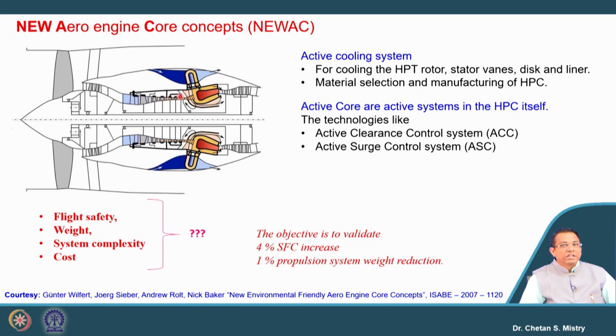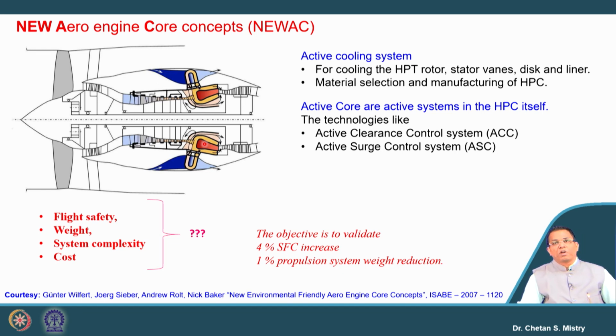And here in this case, there is a special requirement of active cooling system. At the same time, it is also been implemented with say active clearance control for HP compressor, active surge control. So different kind of possibilities people are exploring, because as we have discussed earlier, by incorporating intercooler and regenerator, we are having the issues in terms of weight, complexity of the engine, as well as say your flight safety and the cost.